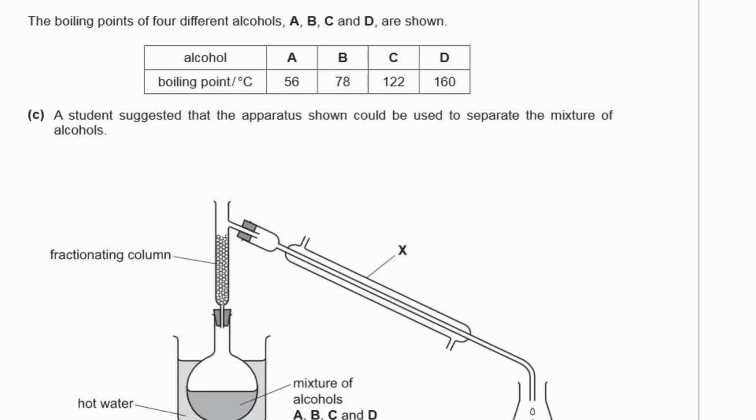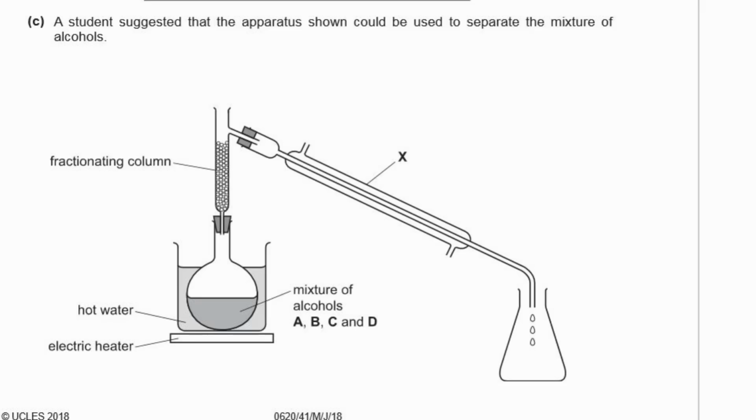The boiling points of 4 different alcohols, A, B, C, and D, are shown. They boil somewhere between 56 degrees Celsius and 160 degrees Celsius. C. A student suggests that the apparatus shown could be used to separate the mixture of alcohols. We have our water bath with our heater, and the alcohols all mixed together down here, and they evaporate as it gets warmer, at different temperatures.